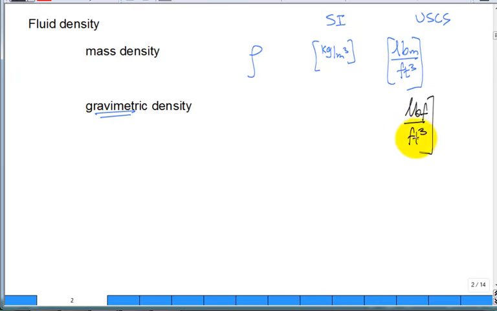So if I have a cubic foot of this fluid, what is the weight of it? What is the force that I'm going to need to apply to hold it up instead of letting it go and it's going to free fall toward the center of the earth, right? That's what weight is. So if I said, here's a chunk of mass m, and I want you to calculate the weight, how would you do it? How would you finish this equation?